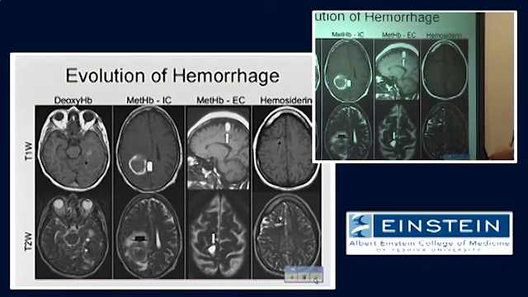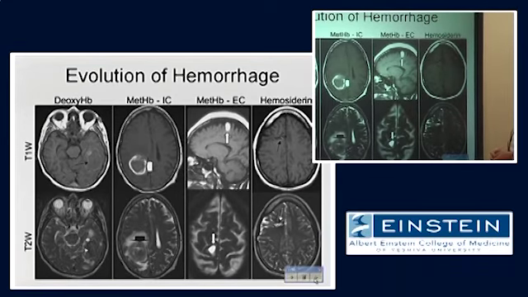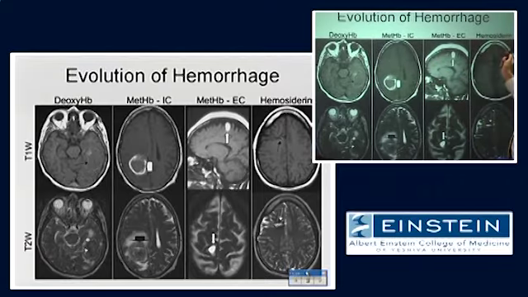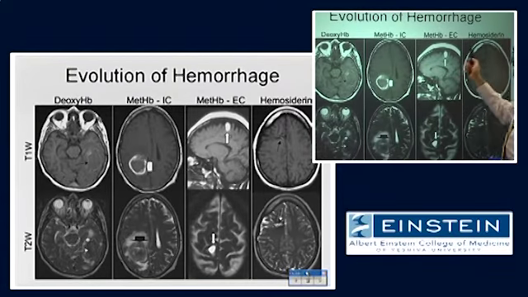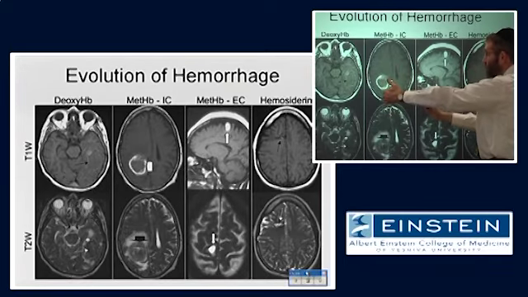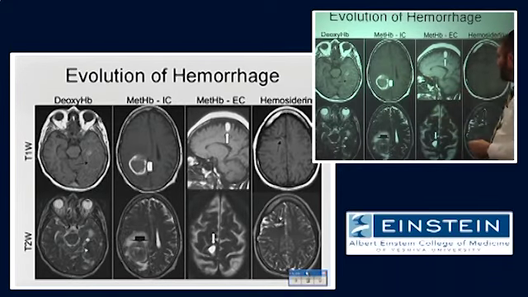Now, to just look at what we were talking about with hemorrhage, this is actually an example that comes out of the book. Here are our 4 stages of hemorrhage: deoxyhemoglobin, methemoglobin, which we can subdivide into intra and extracellular, and hemosiderin.